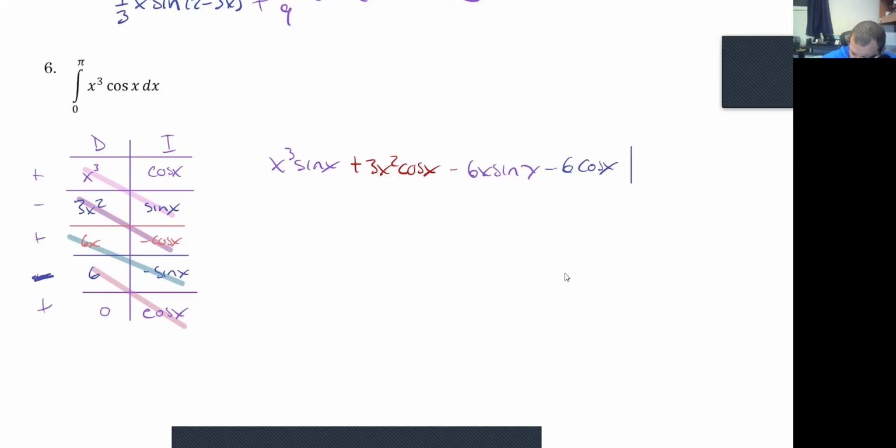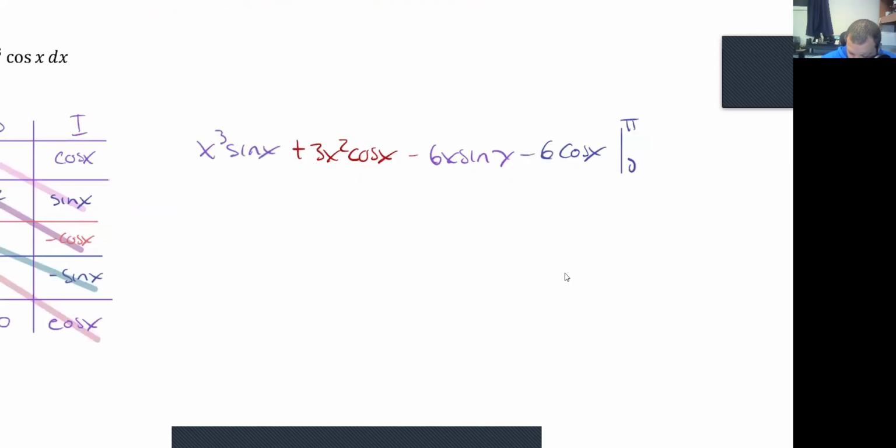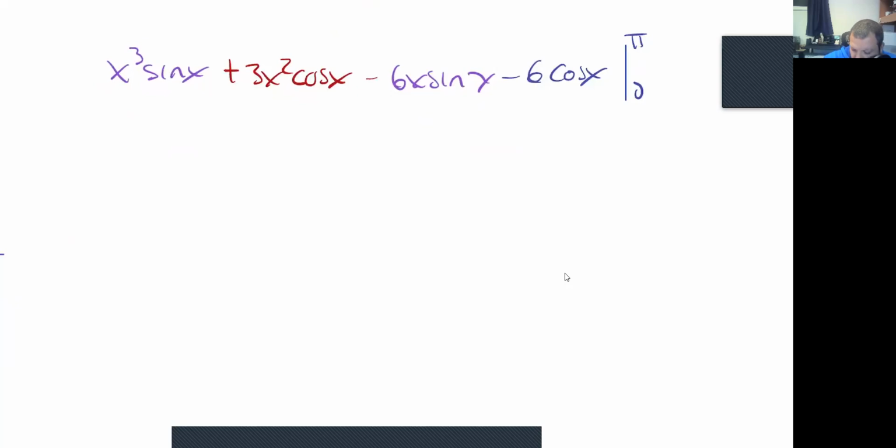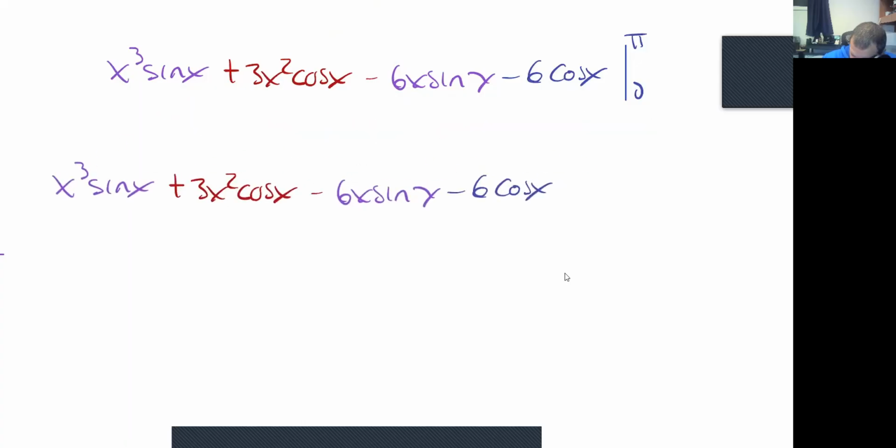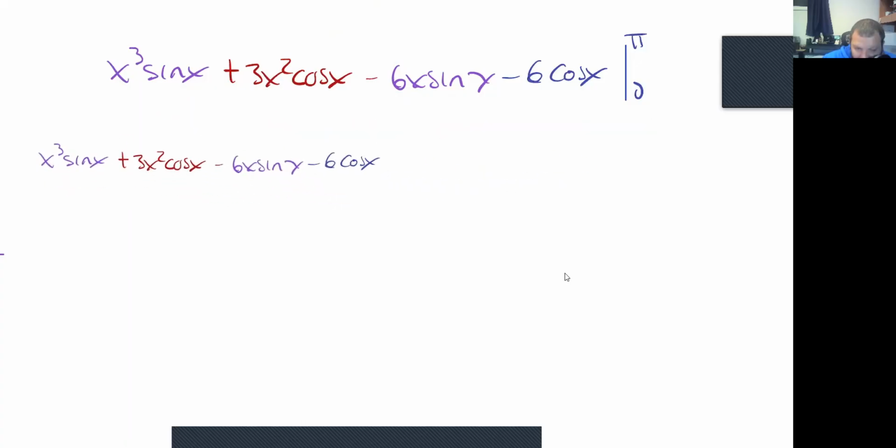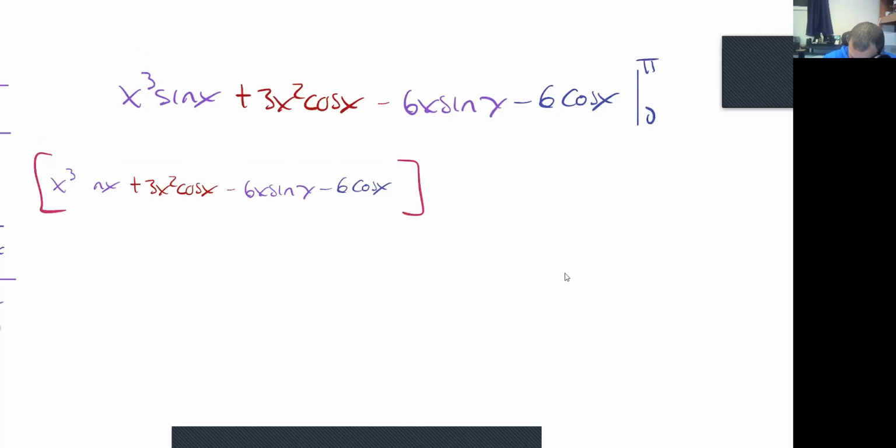But we have a 0 to pi that we're evaluating at. And so this is child's play at this point. Anything that pi is going to give a 0 for, I'm not even going to worry about. The sine of pi is 0, so this is going to be gone.